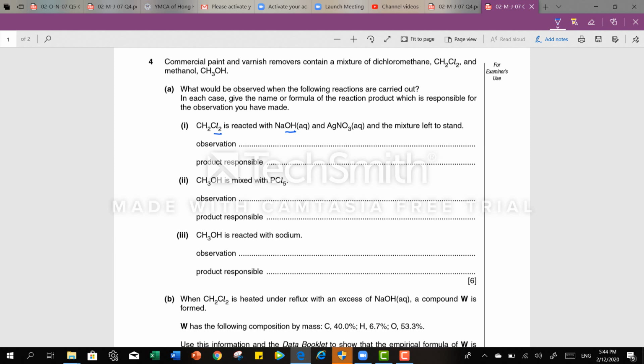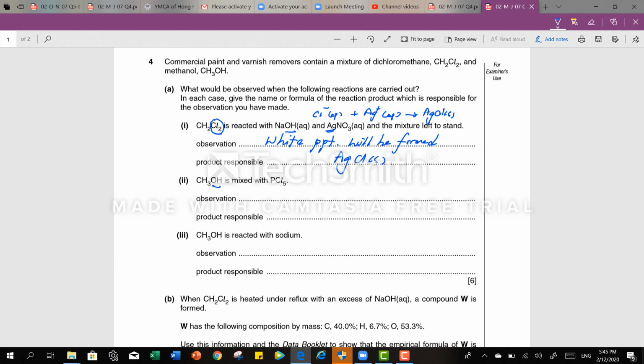The Cl atom will be substituted by OH, and it will be left out as chloride ion. Then it will combine with Ag+ to form a white precipitate. So the observation is that a white precipitate will be formed. And the product responsible will be AgCl, right?